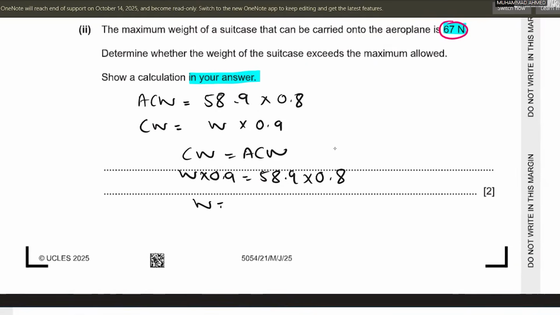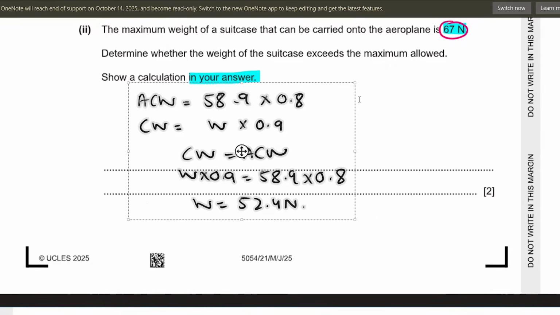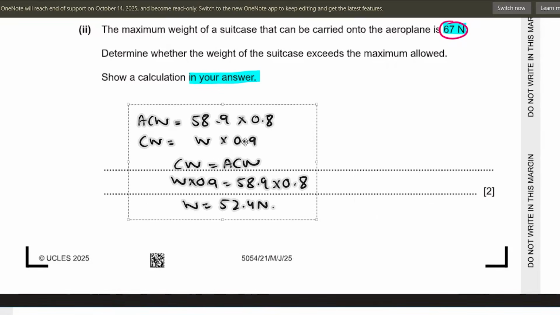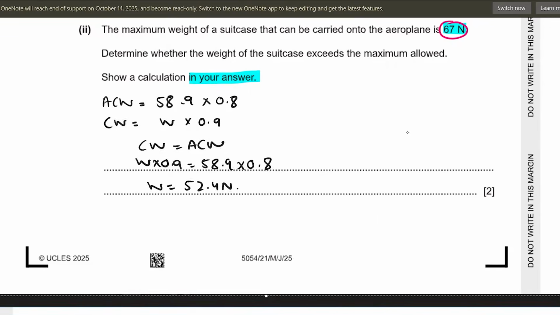Can you calculate the weight? Weight निकाल सकते हो. 58.9 into 0.8 divided by 0.9. This comes out to be what? 52.4 आ गया आपका. Weight comes out to be 52.4 Newton. Can you realize that this weight of 52.4 Newton is much less than the maximum weight? Let's create a partition here.